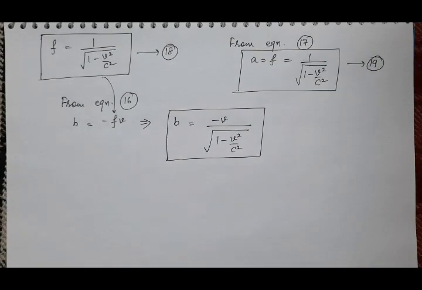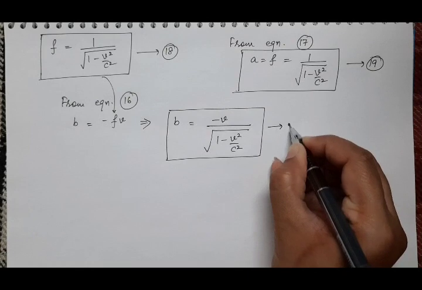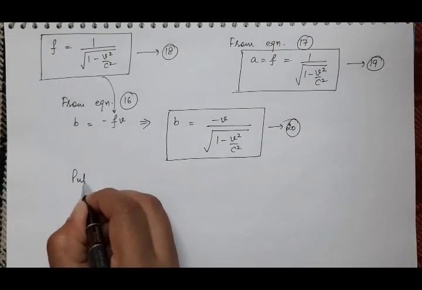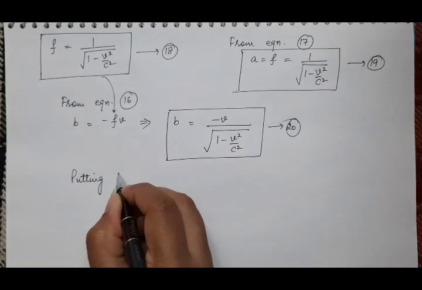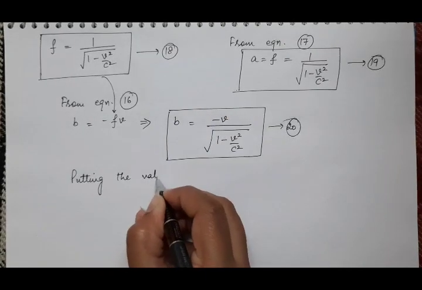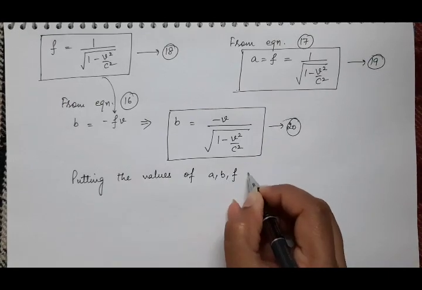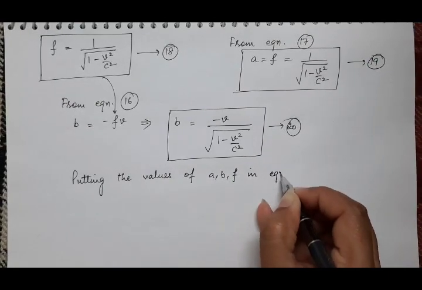So we have already calculated three unknowns, A, B and F. So now the only unknown left is E. So how we will calculate the value of E? To calculate the value of E, putting the values of A, B and F in equation 11th.